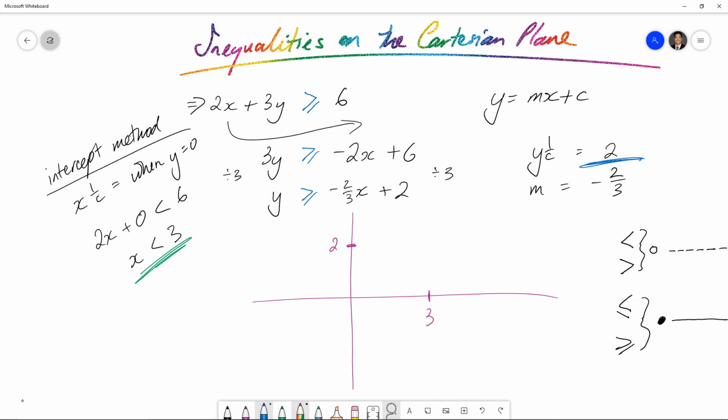We still have the same equation, but this time we have a solid line going all the way through. And because it's greater, we're going to shade everything that is above the line. So now y are all the values and the region that is above and including the line itself. Okay, so hopefully that helps you with sketching graphs and the regions of inequations.